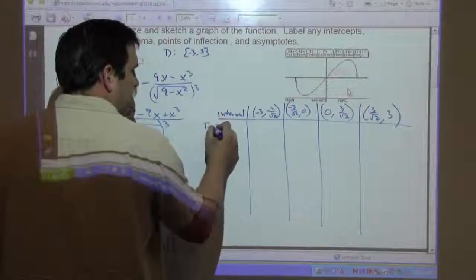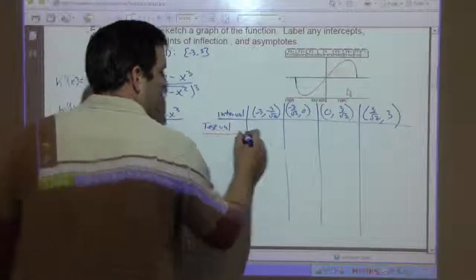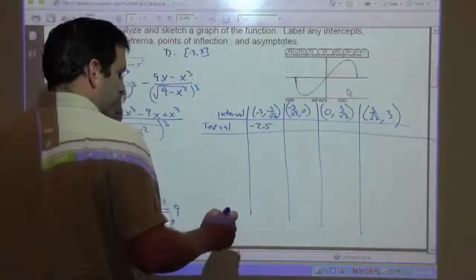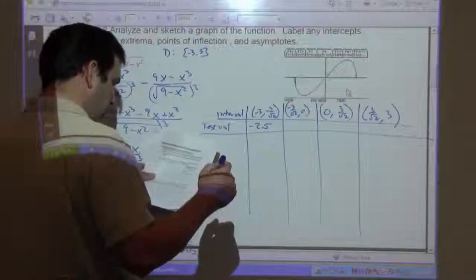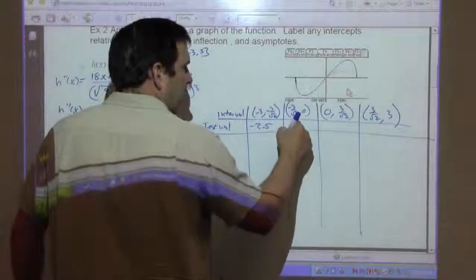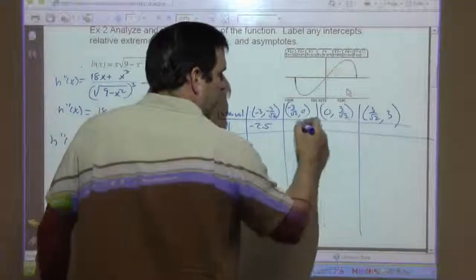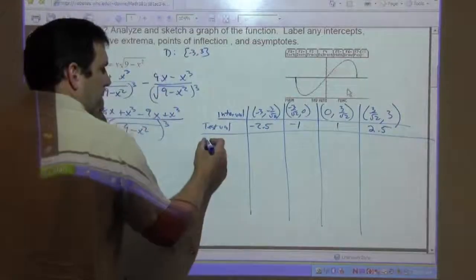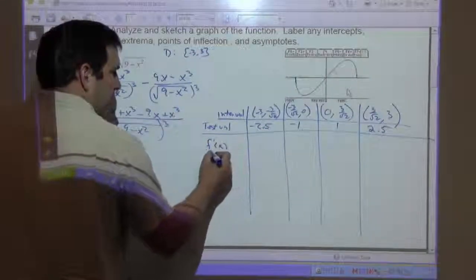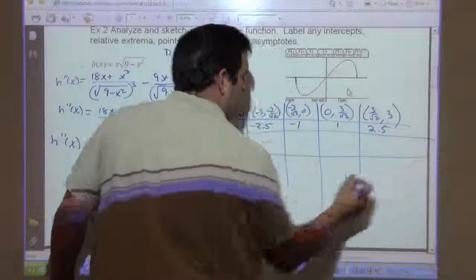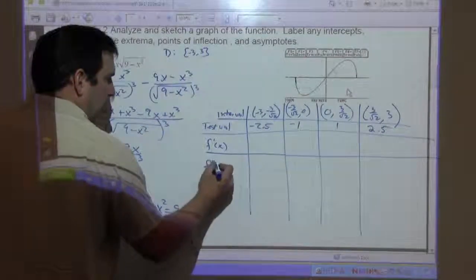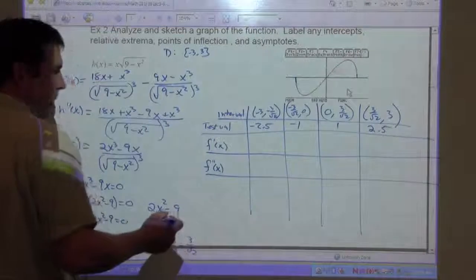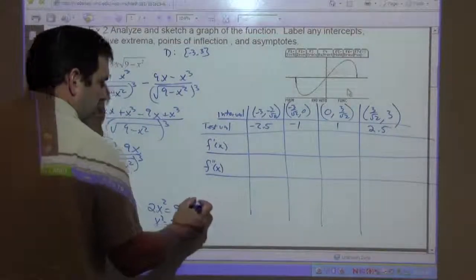So let's get a test value. We can go like negative 2.5 should work. That was negative 2.12, so that should work. And here we can go with negative 1, go with 1 here, and then 2.5. So now we're looking at h prime of x, and we'll look at h double prime of x. And then we can draw some conclusions.